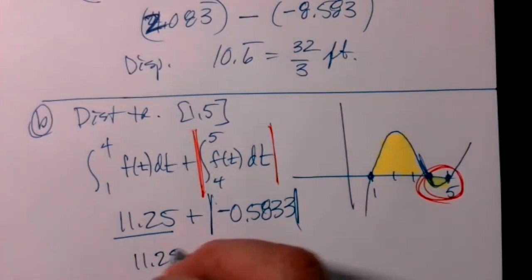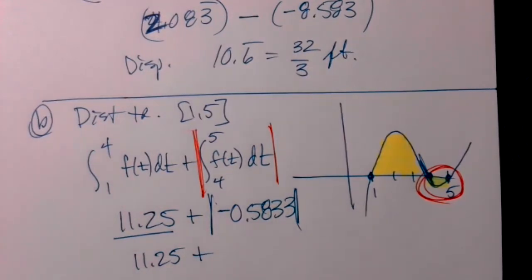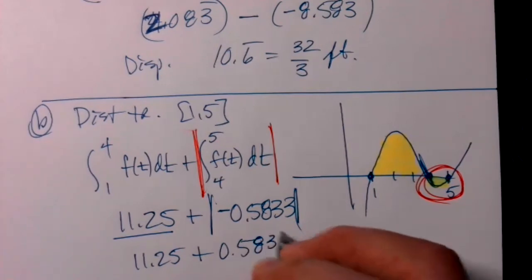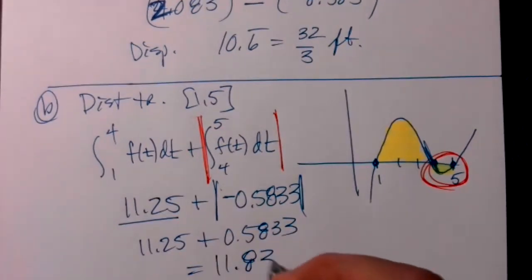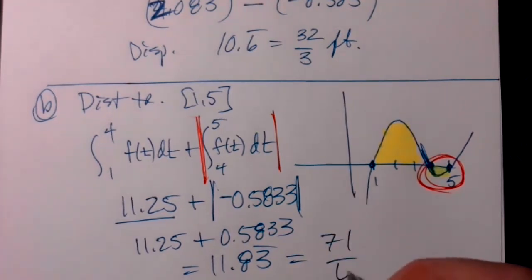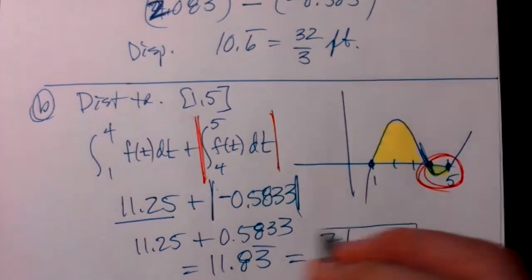So this becomes 11.25 plus 0.5833, which is 11.8333, lots of threes, also known as 11 5/6, which is 71/6 if you wish. And again, this will be in feet, in whatever form you like.